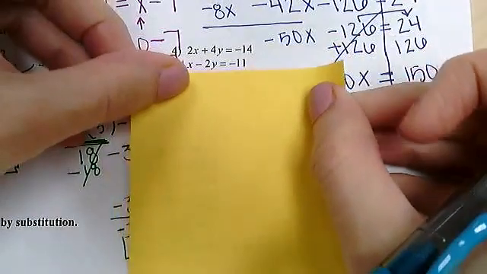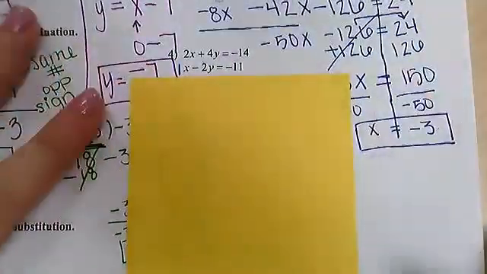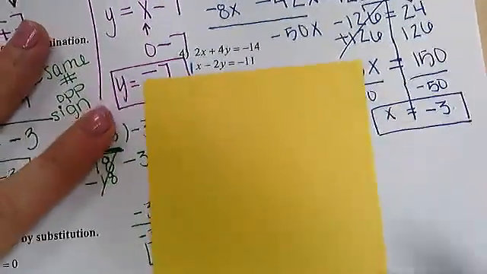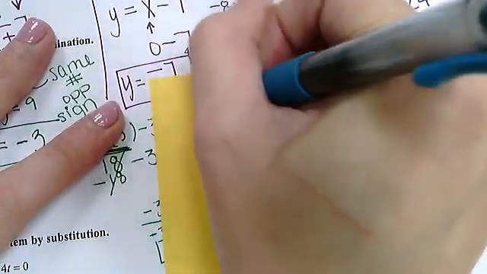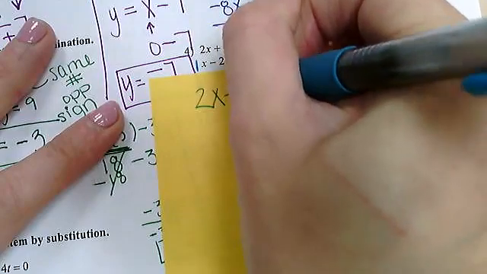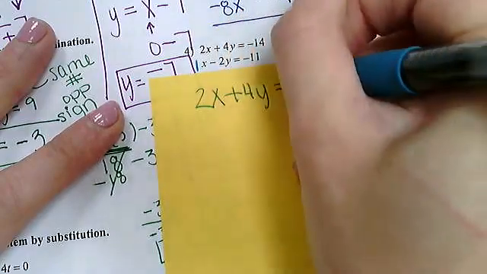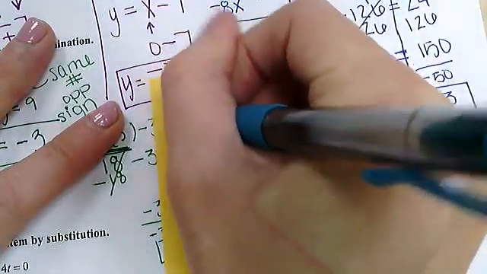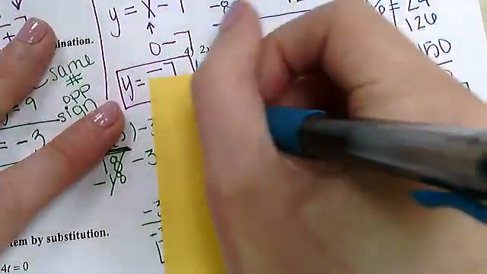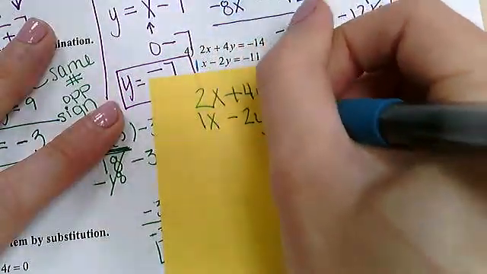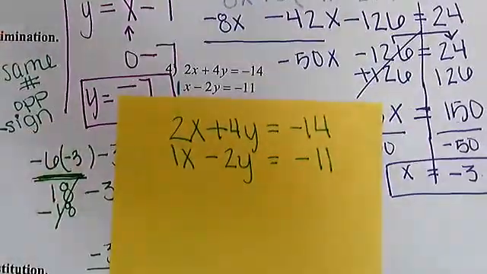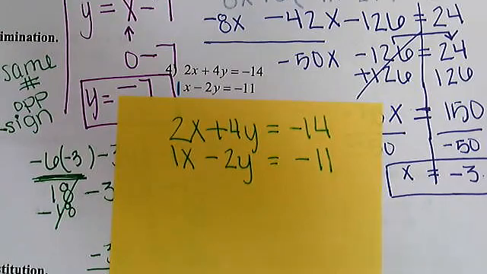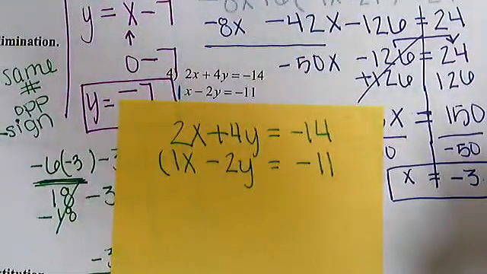Is there something we could multiply one of the equations by to get the same number? Let me rewrite that so you guys can see it okay. So look at those X's. If I wanted to make them the same number, but opposite, is there something I could multiply the bottom equation by? -1. -2.